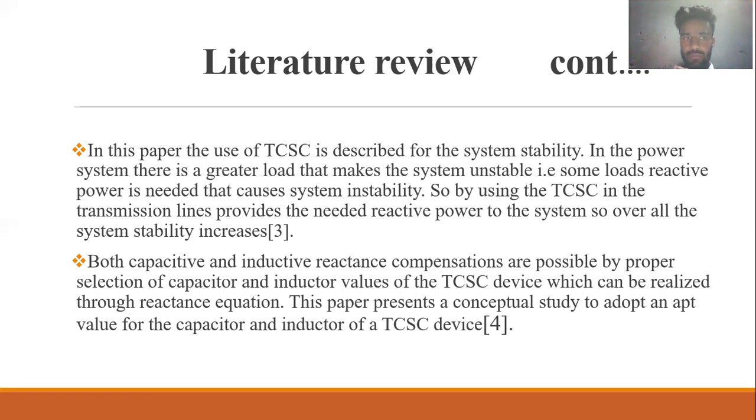At full load conditions, which occur in most cases, we expect to operate the TCSC in capacitive and reactive modes. This paper also presents a conceptual study adopted for the values of capacitor and inductor, which we are also interpreting from this paper.